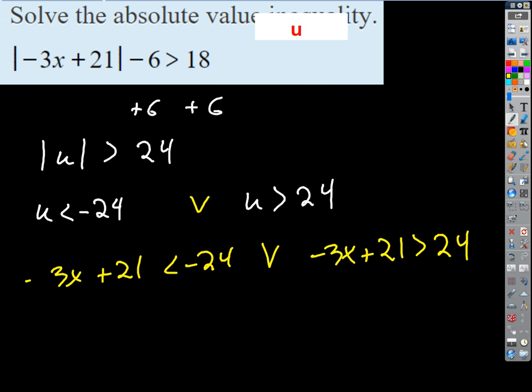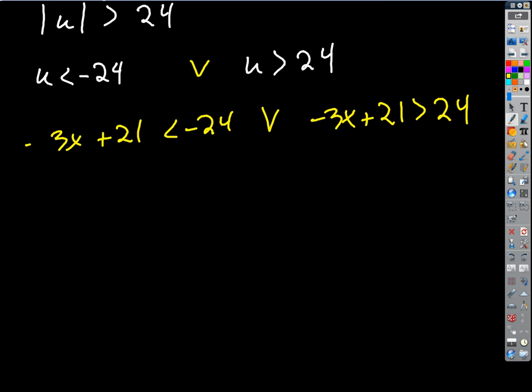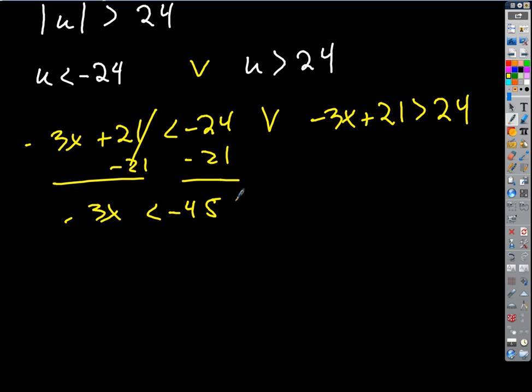What are going to be the two steps to get this x by itself? Subtract 21, good. So -3x is less than -45.